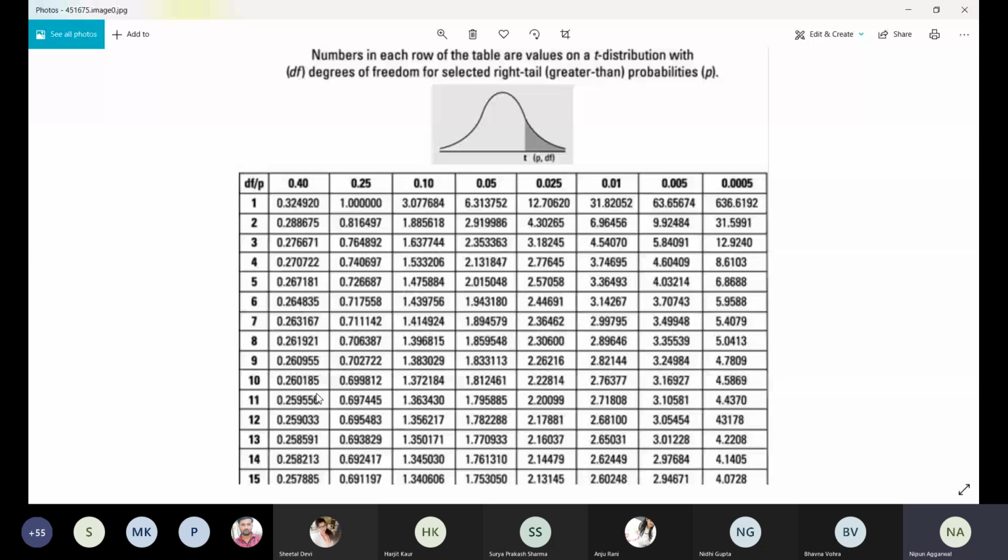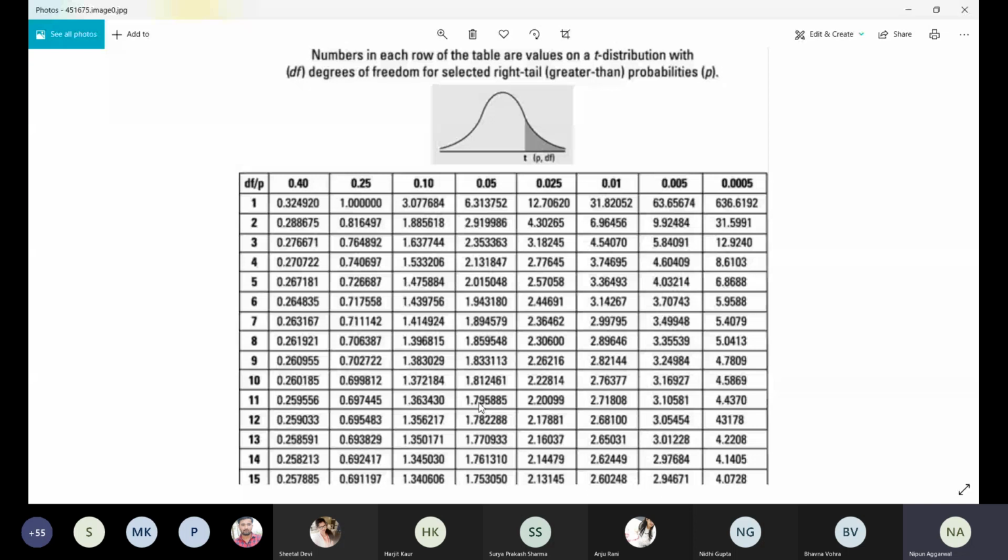So 5% means 0.05. You have to check this 0.05 column, with the level of significance on this side and degrees of freedom on this. So for 11 and in front of 0.05 you have a value of 1.795 or you can say 1.796. So the table value in our case comes out to be 1.796.